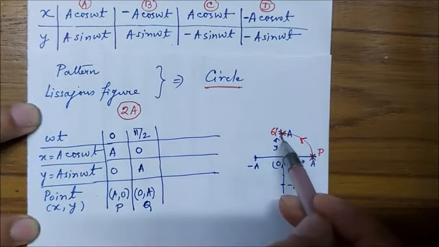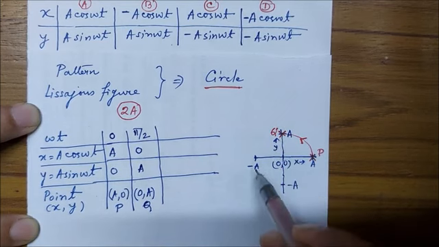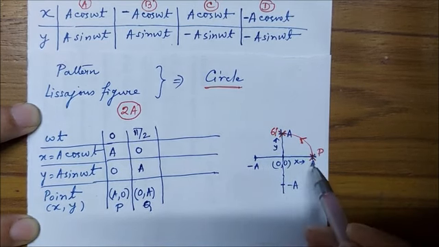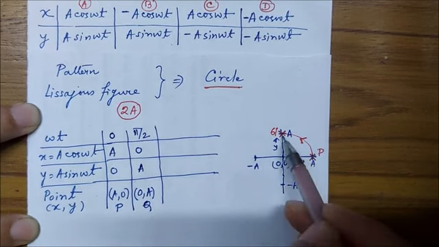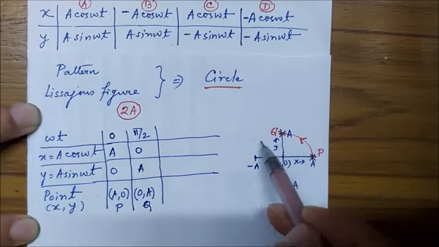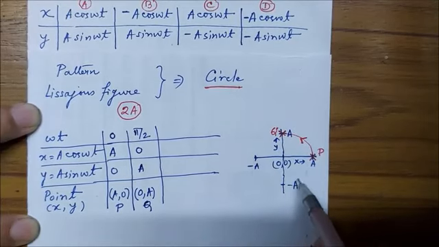Though it is obvious that the remaining portion of the path will be circular, that is, we will move from Q to P passing through these points.